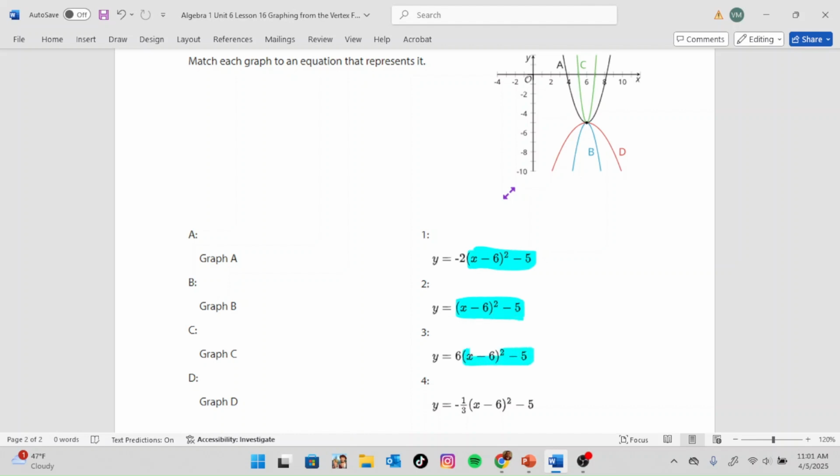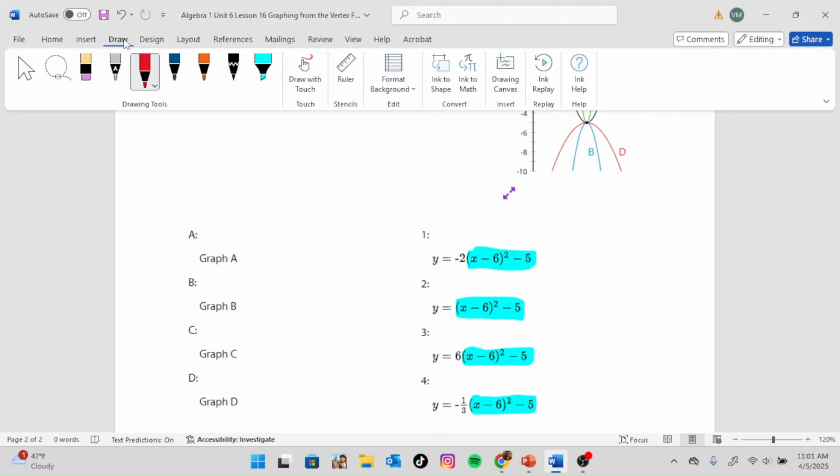Every one of them is x minus 6 squared minus 5. So nothing here is going to change. All 4 of these have the exact same vertex. What is changing is your A term.